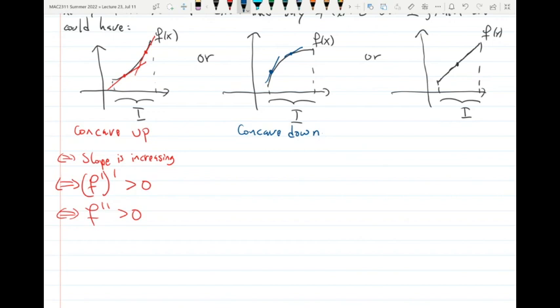They start from very positive, right? But as you start moving from left to right, notice that the lines are getting more and more horizontal, and then they start to become more and more negative. So the slopes are getting smaller and smaller. So concave down means slope is decreasing.